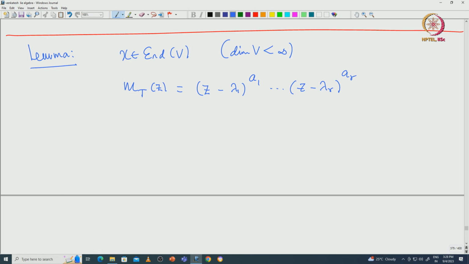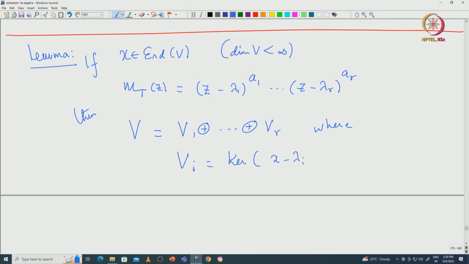Then we already proved that V can be written as a direct sum of these generalized eigenspaces. So V can be written as V 1 direct sum etc., direct sum V r, where this V i is the generalized eigenspace given by the kernel of (x minus lambda i identity) power a i.